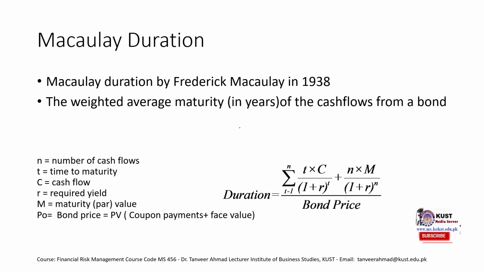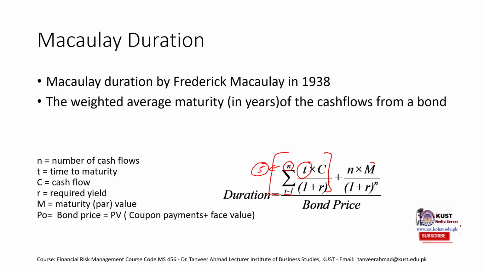Okay, so this summation starts with t equal to 1 and ends at n. So in the previous example we have 5 years of maturity, so n would be 5. So this whole part is basically finding the present value of all the coupons, and multiplying it by t we find the weighted cash flows.